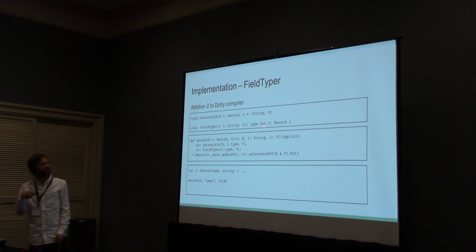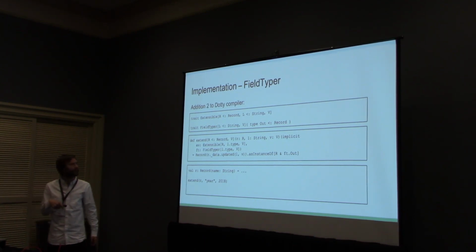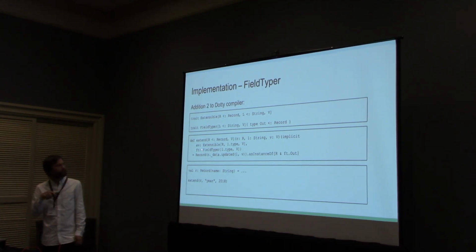And if you have done type level programming in Scala, this notation shouldn't be any surprise. We have an Out type member here. So we demand to have an instance of FieldTyper, and then we can use the type member Out here as the right hand side of the intersection type.